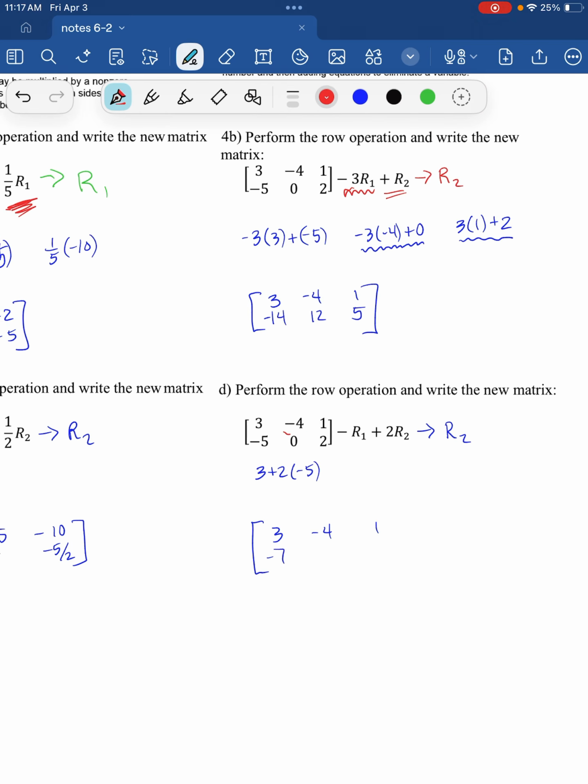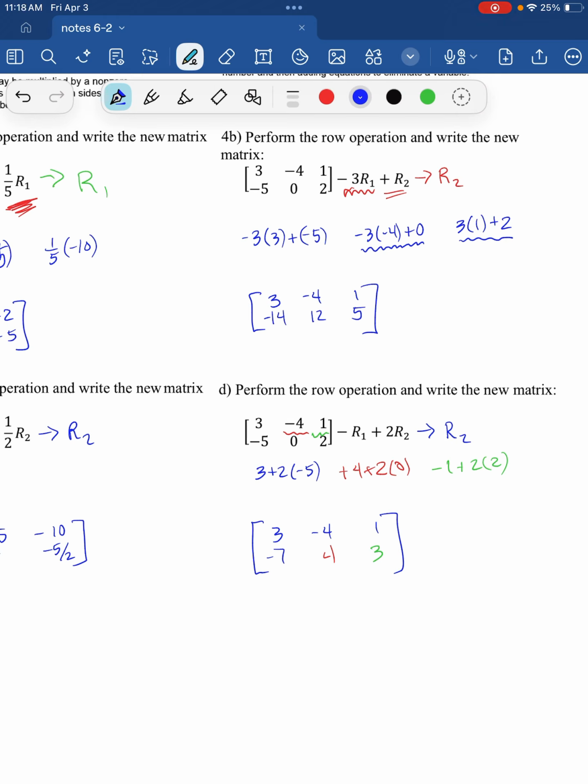Then we're taking the negative of row 1's second element and adding 2 times row 2's second element. So that's 2 times 0 is 0, plus 4 is 4. And one more time, adding the negative of row 1's third element to 2 times row 2's third element. So 2 times 2 would be 4, plus a -1 will be 3, because we've got to follow order of operations.